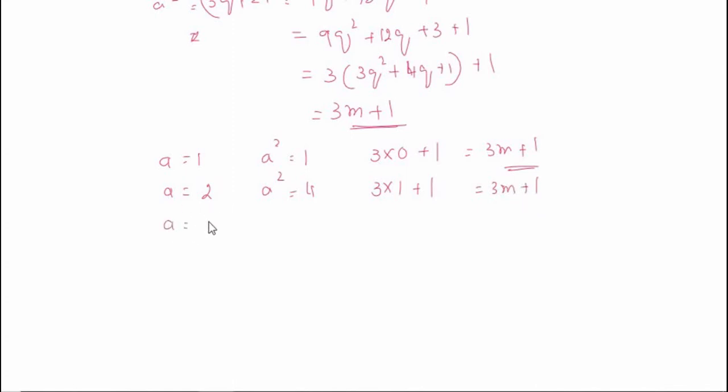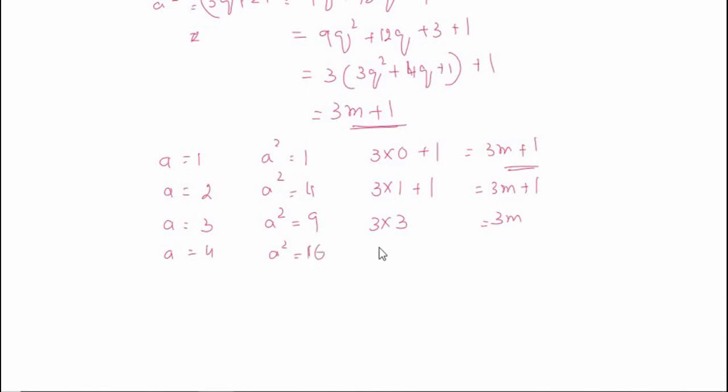Now a equal to 3. So a square equal to 9. So this can be represented as 3 into 3, plus nothing. So m is 3. So this is 3m. Continuing further, a equal to 4. a square equal to 16.